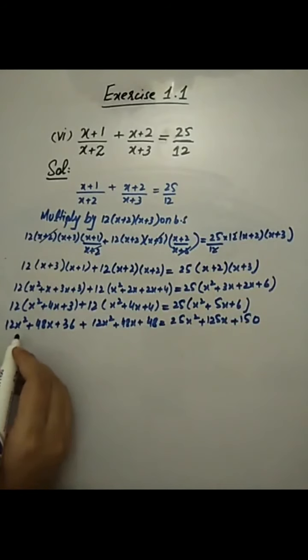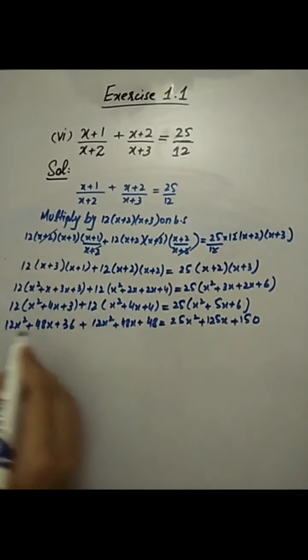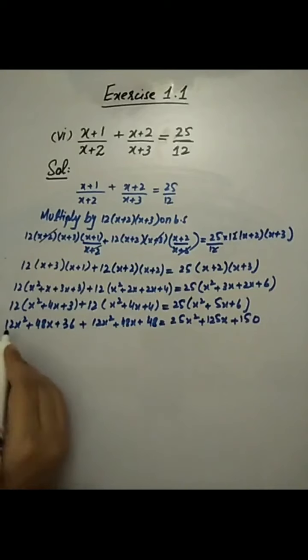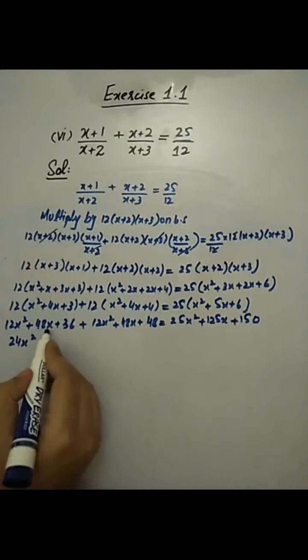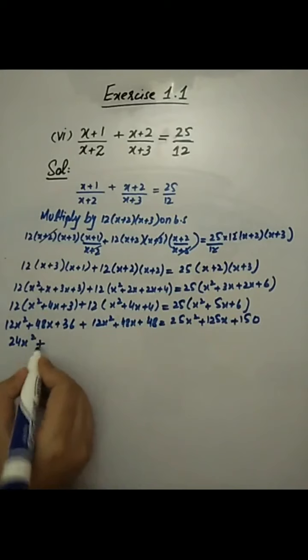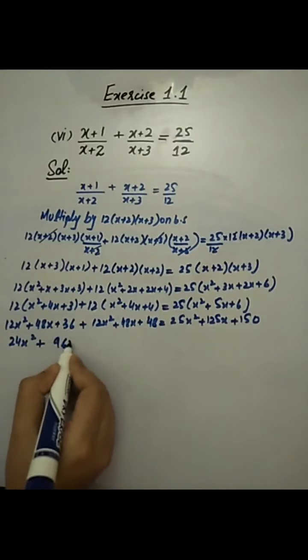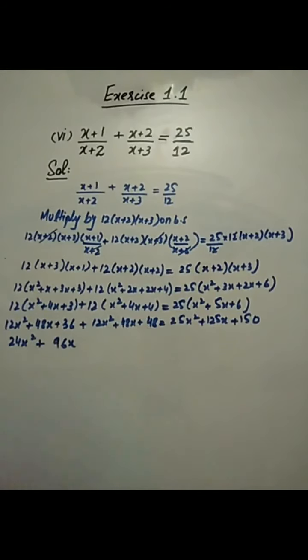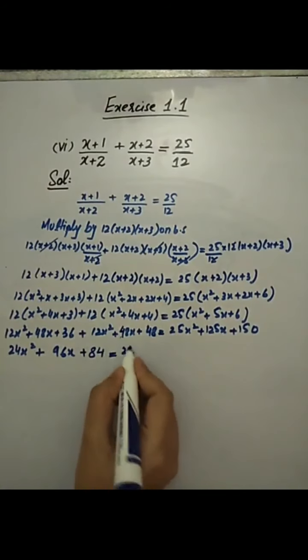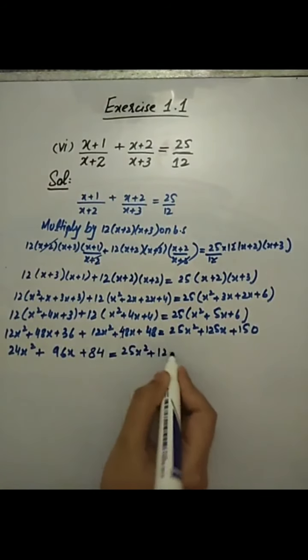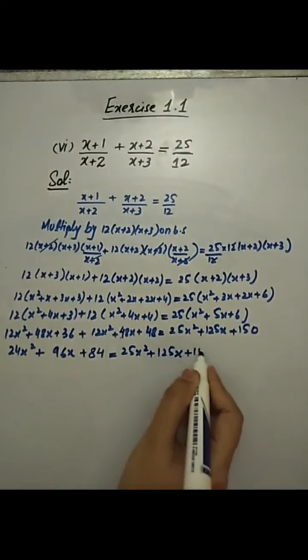So we have to combine all the quadratic terms, all the square terms. So we will get 12 plus 12, 24x square, and then 48 plus 48, 96x, then 36 plus 48, 84, which is equal to 25x square plus 125x plus 150.